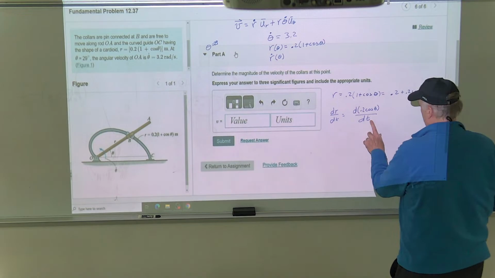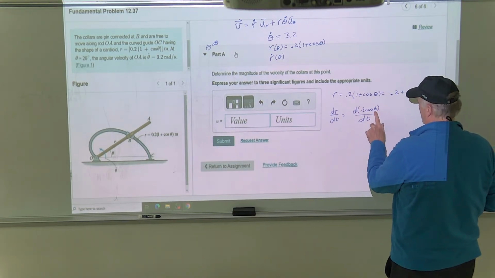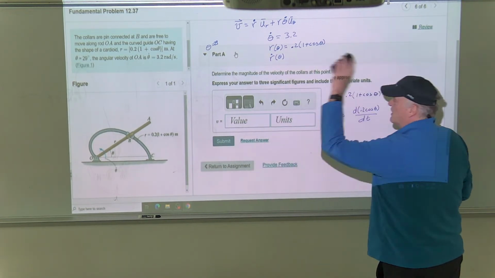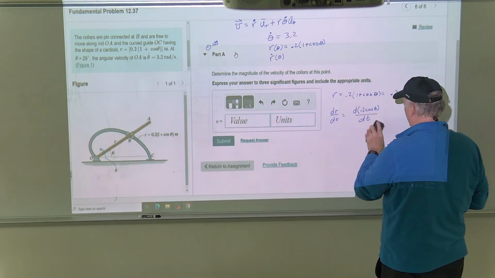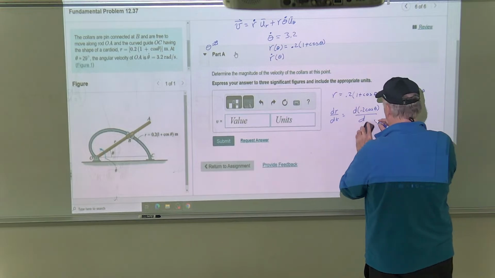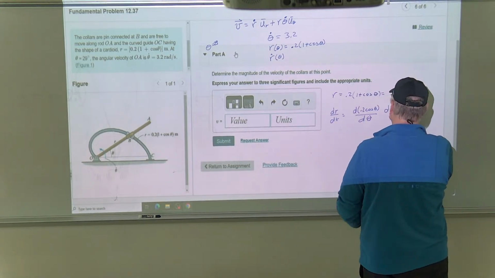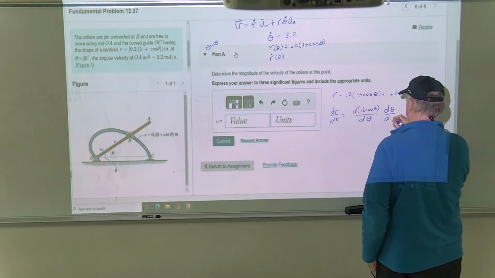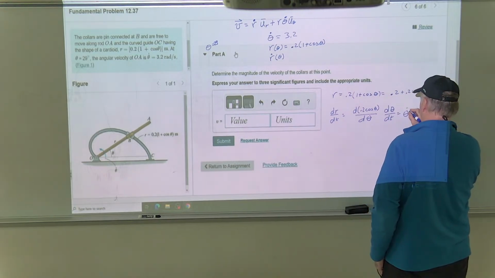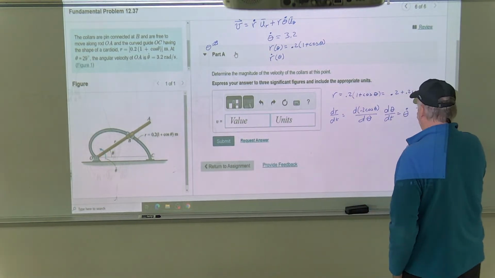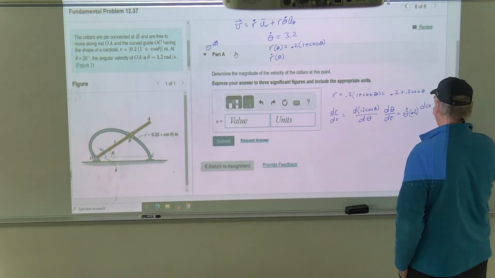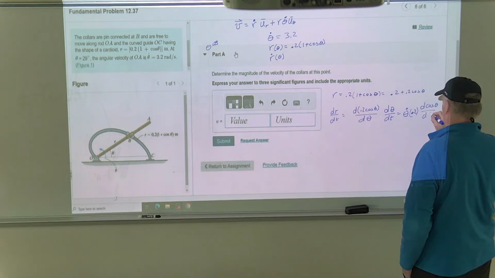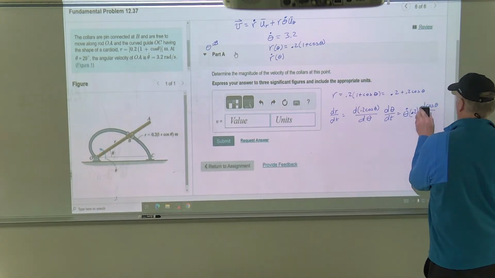Then you realize you need to convert that thing. You convert that by doing this, and so that's theta dot times 0.2 times the derivative of cosine theta with respect to theta, which will give you a minus sign.